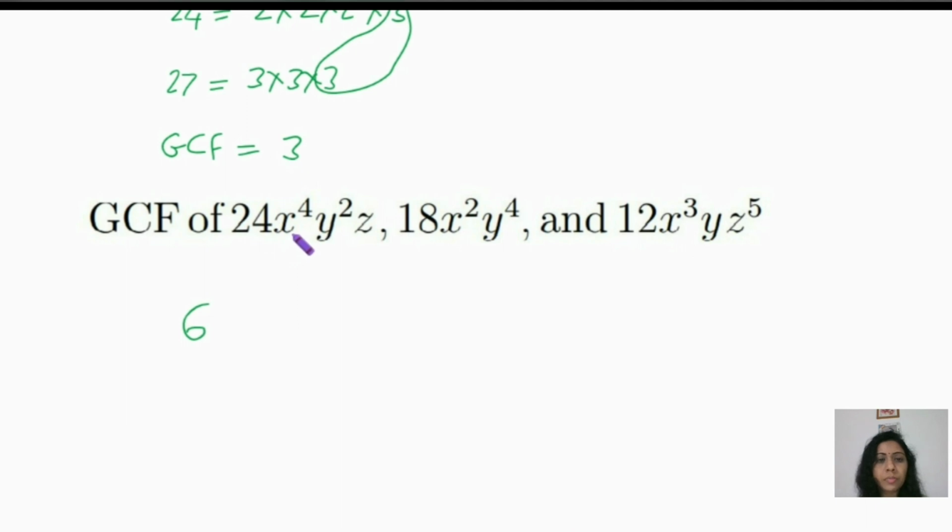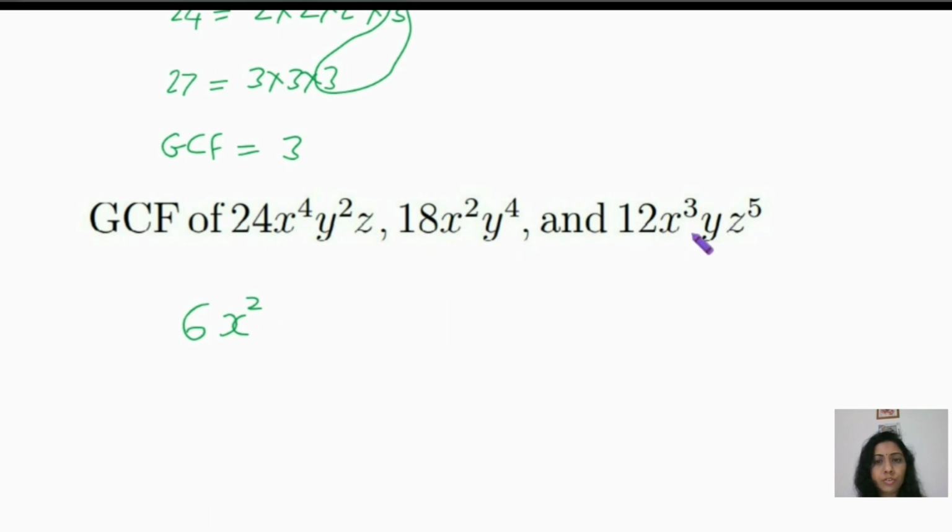Now the variables. We have x to the power 4, x to the power 2, and x to the power 3. Take the lowest one, 2. So from all three we can take x squared as the common factor. Now y squared, y to the power 4, y.